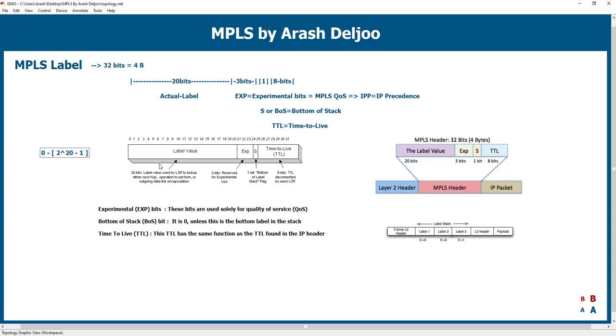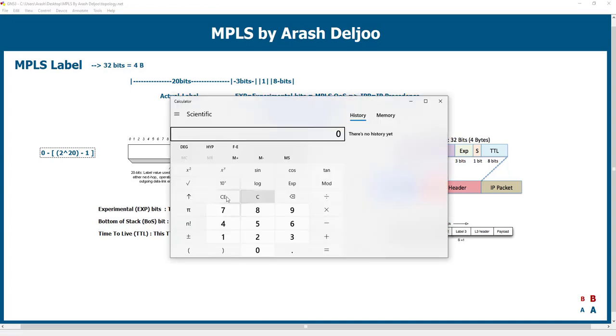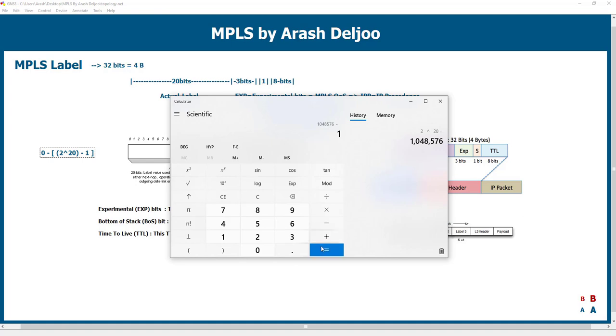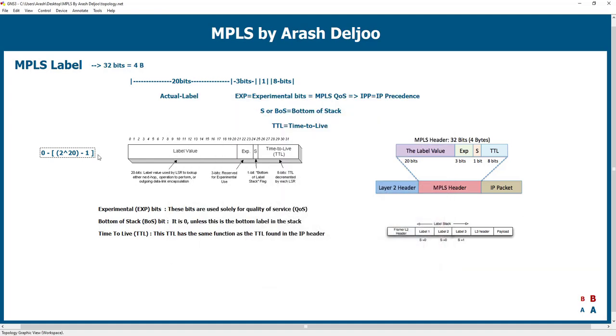Okay, this is the value of label value or actual label. This is a number. Let's calculate 2 to the power of 20 minus 1, and it's the value. Copy and paste. The label value is between 0 and this number.